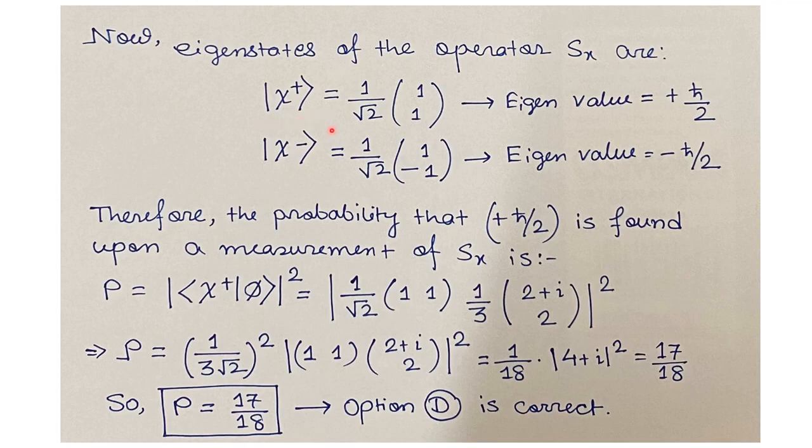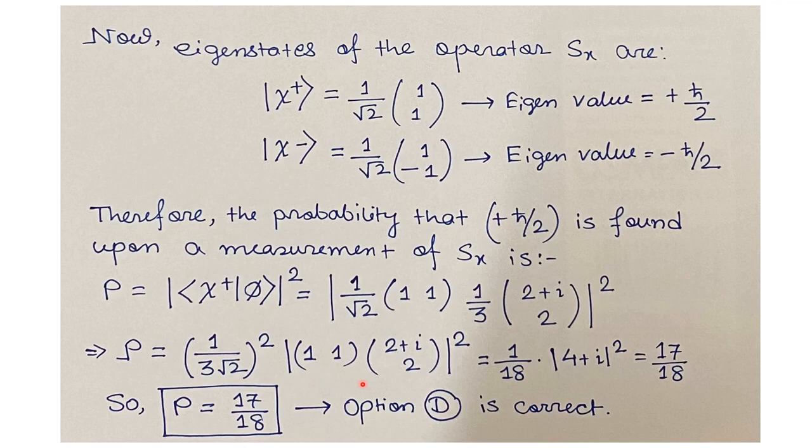So if we take the complex conjugate of this matrix, it will be 1 by root 2 times the row matrix (1, 1), and this matrix is multiplied with the ket of phi, which is given in the question as 1 by 3 times (2 plus i, 2), and we have to take the mod square of this matrix multiplication. If we take out the 1 by 3 and 1 by root 2 from the modulus, we will get 1 by 3 root 2 whole square times the mod of the multiplication of these two matrices, (1, 1) and (2 plus i, 2).